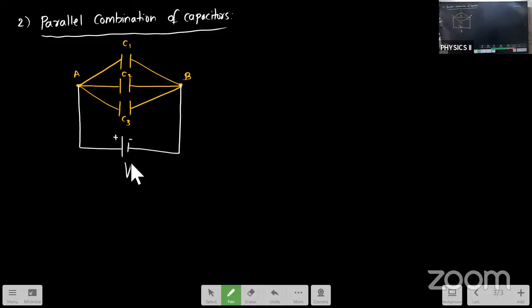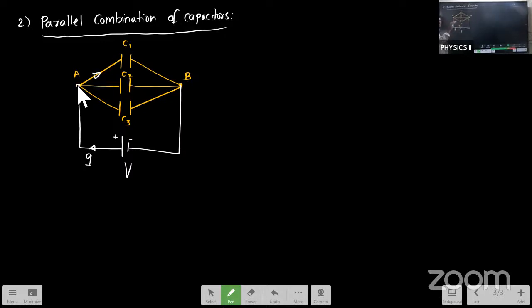Now carefully see here, we are going to obtain an expression. I have considered three capacitors arranged in parallel, and all the one-side terminals are connected to the positive terminal of the battery. All the second plates of the capacitors are connected to the negative terminal of the battery. Now see here, again what will happen? Charge will flow. Now this charge Q gets divided at this junction.